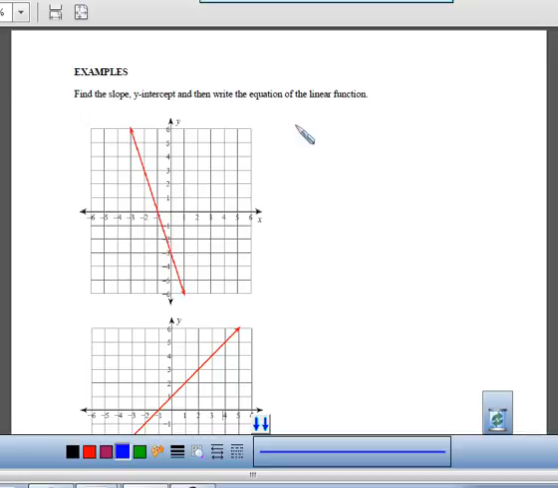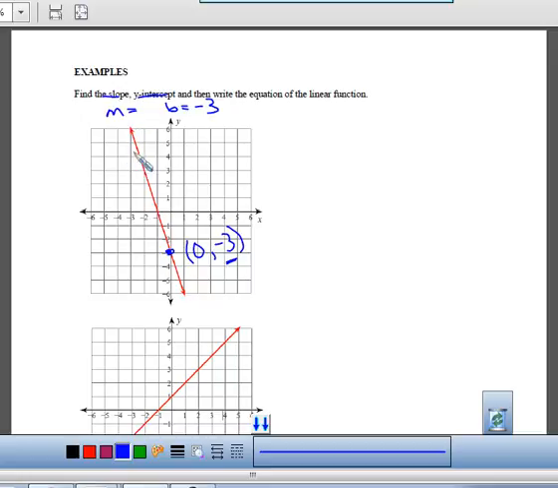I find mini tables help the best. Oh, by the way, we're finding slope and y-intercept, so let's put an m and a b up here. The b is probably the easiest thing. Look where the line crosses the y-axis, and it's here at the point (0, -3). So there's our b, negative 3.